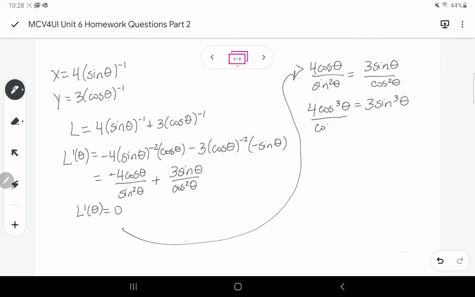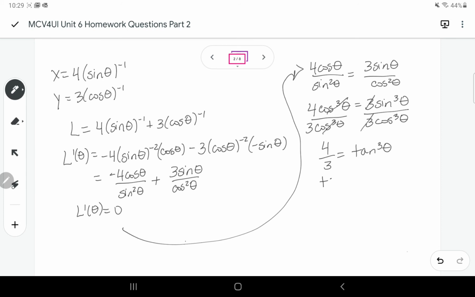But if I divide by cos cubed theta, and I'm actually going to divide by 3 as well, the 3's will cancel out, and the cos cubes will cancel out. So I get 4/3 equals tan cubed theta.